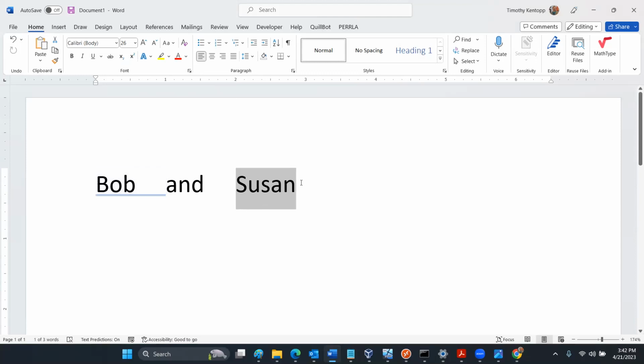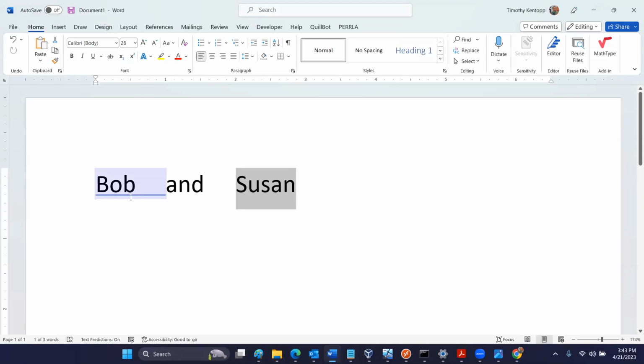Now let's flip that. This is where it gets interesting. You can use the private key to encrypt something. So let's say Bob wants to send something to Susan, and Bob wants to be sure that Susan knows it's coming only from him.